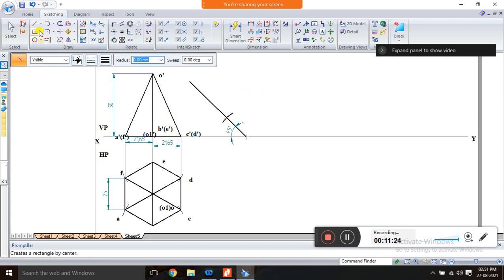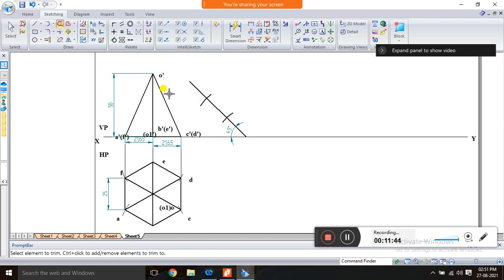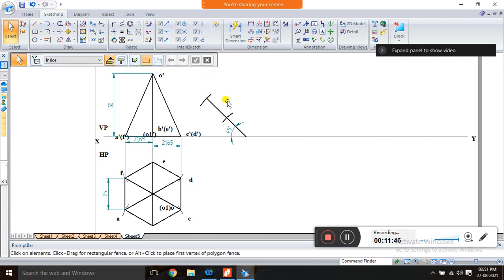And second thing, same, take the compass, place C dash, stretch up to A dash. So here 21.65 plus 21.65, so that will be the arc distance. Cut the other arc. So like this you have to cut the two arcs, so that you will get the C dash, B dash and A dash points.